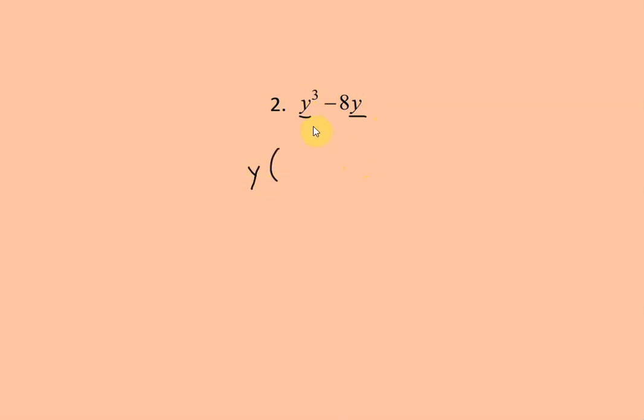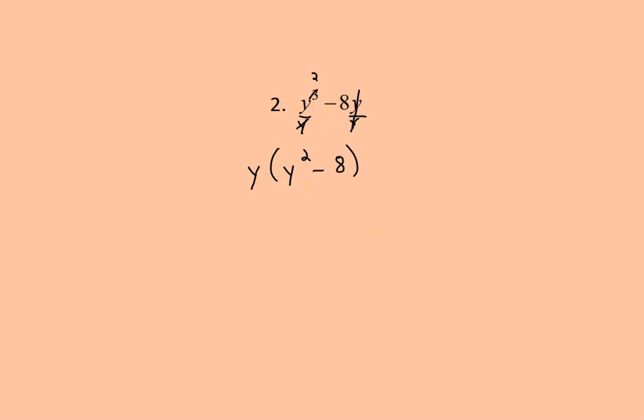All right, so then I'm going to see what I would have left if I were to divide each term by y. So if I have 3 y's and I take away one of the y's, I'm left with 2 y's. Here, I have 1 y. If I divide by y, that makes the y's go away, so I'm left with minus 8.